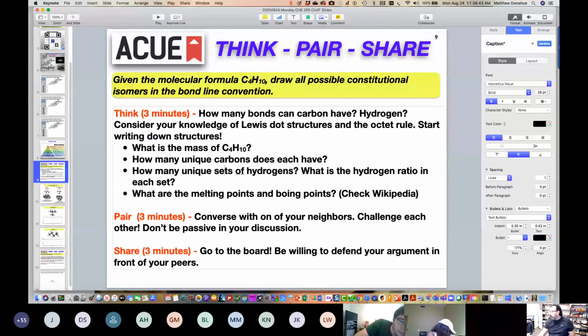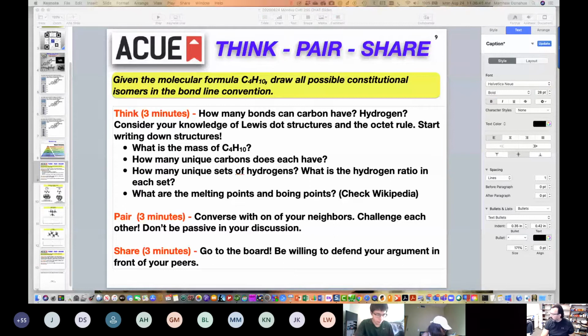So let me ask you, for butane, how many unique types of carbon does butane have? There are 2.